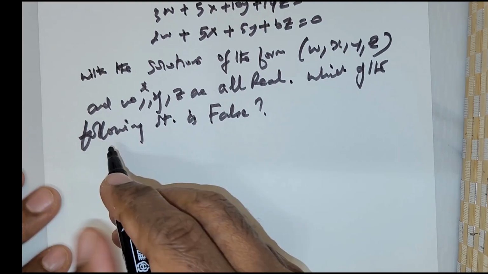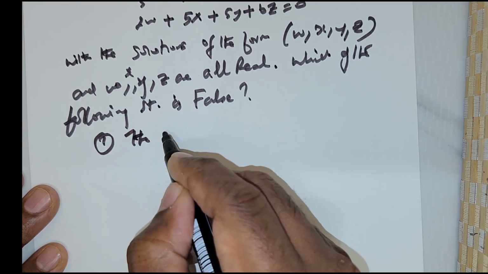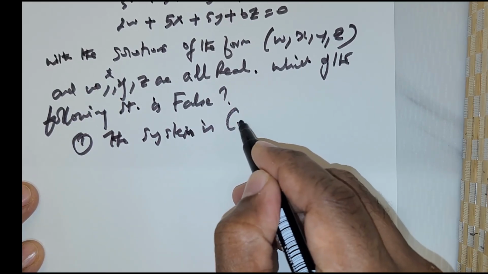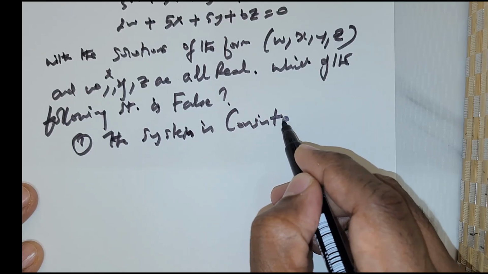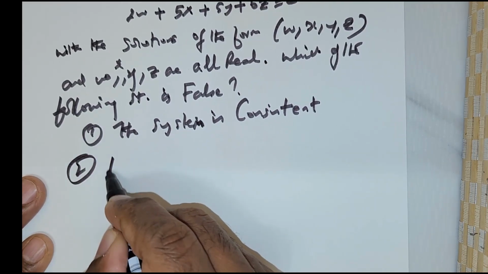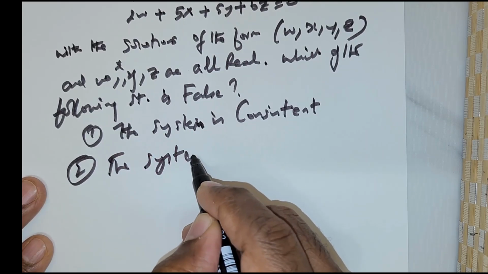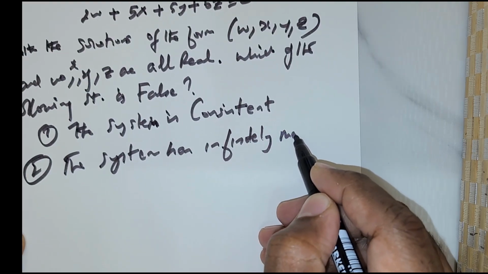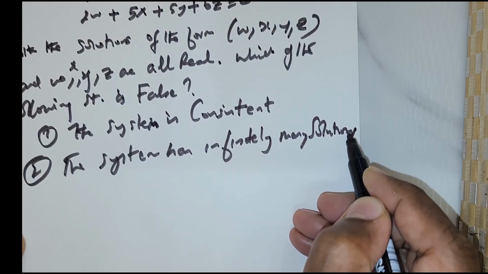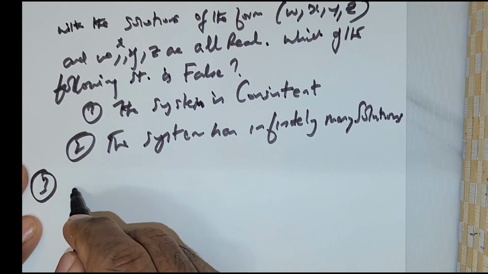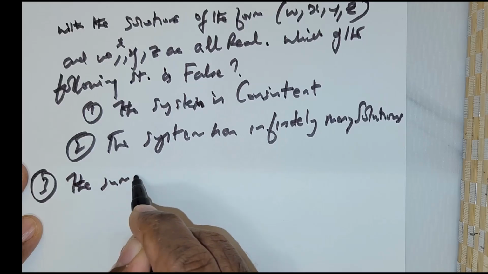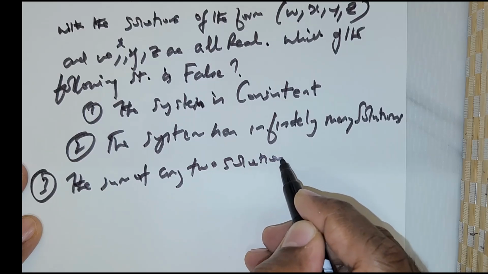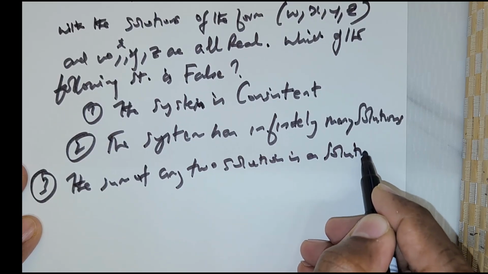Now let me give you the choices. Number 1, the system is consistent. Number 2, the system has infinitely many solutions. Number 3, the sum of any two solutions is a solution.